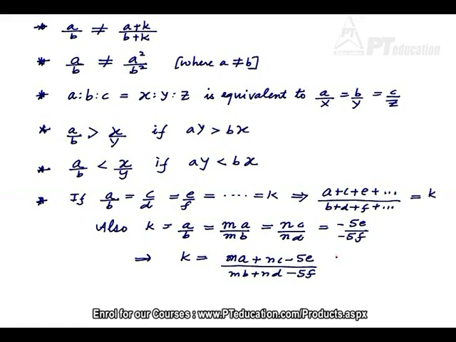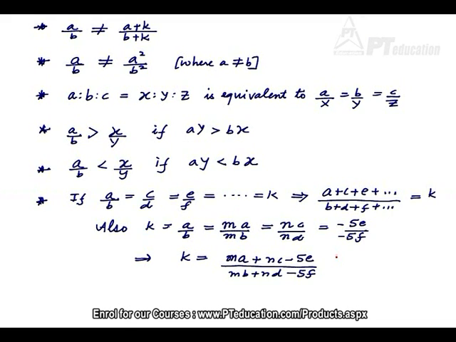Next, an important result. If a/b is equal to c/d is equal to e/f is equal to etc. is equal to k, some fixed quantity k, then this implies that the sum of numerators divided by the sum of denominators will be equal to k, which implies (a+c+e+...)/(b+d+f+...) is equal to k.